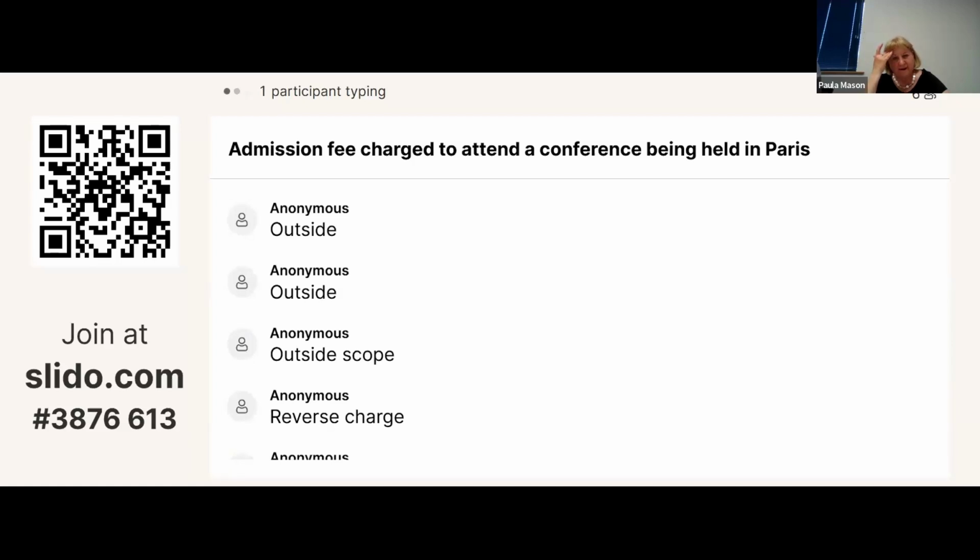Okay, so yeah, this one is outside the scope of UK VAT. The place of supply is where performed. It's one of those special rules. So French VAT would be charged by the event organiser.